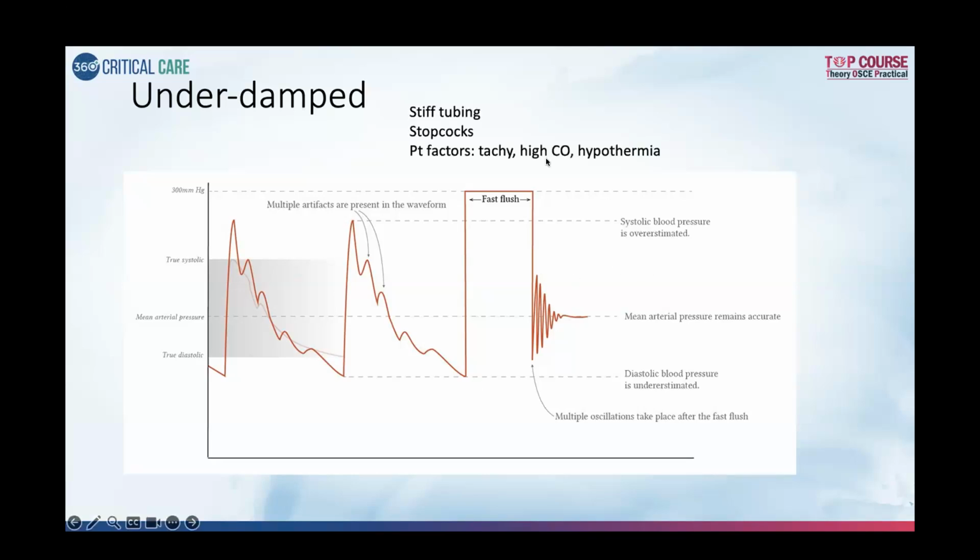It can also happen if you have stiff tubing, or multiple stopcocks, and patient factors such as the patient having a high cardiac output, hypothermia, or tachycardia. All these things can also present as an underdamped waveform.